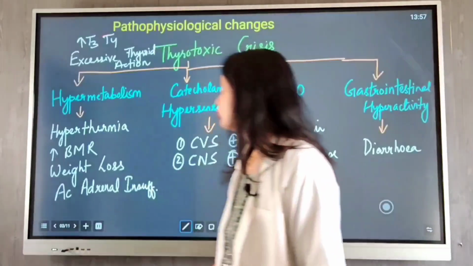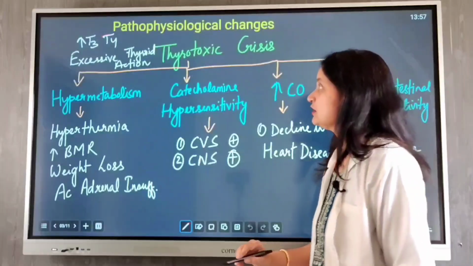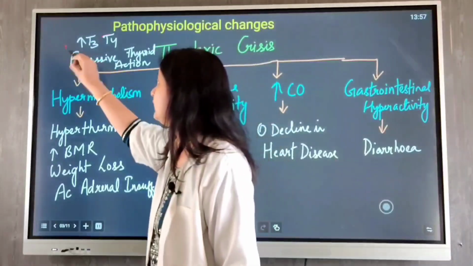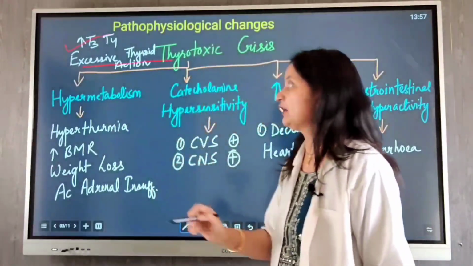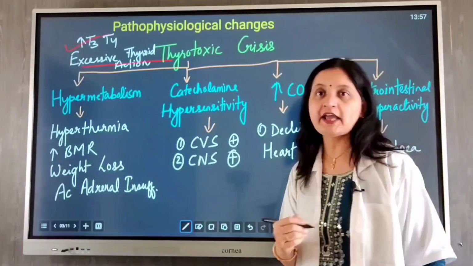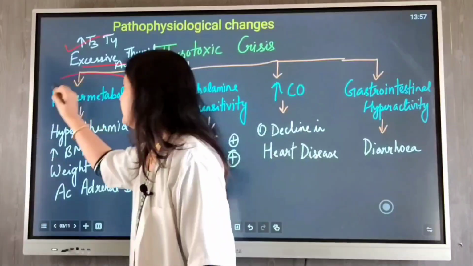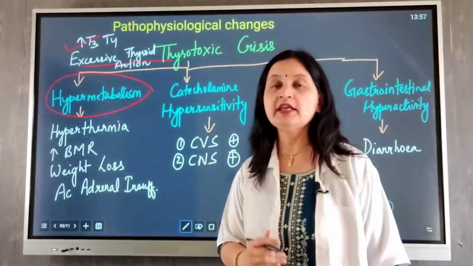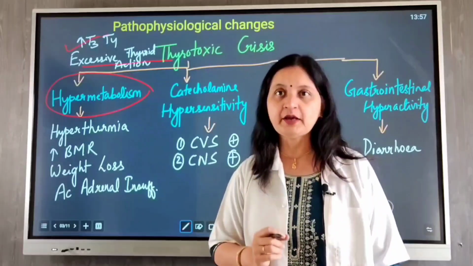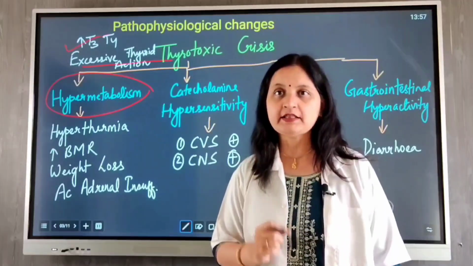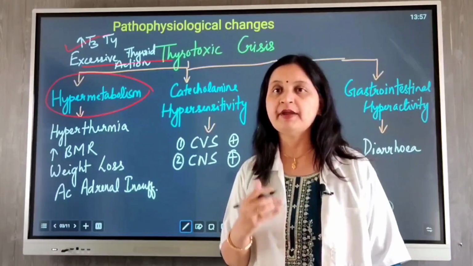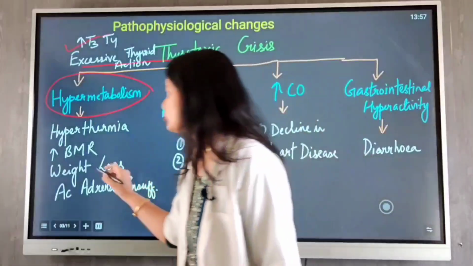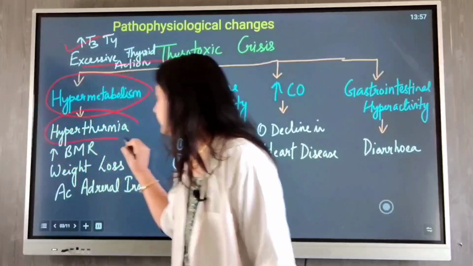The figure here shows the pathophysiological changes, which are characterized by elevated T3 and T4 levels and excessive thyroid action. Because of excessive thyroid action, there is a state of hypermetabolism. There is increased mitochondrial oxidative metabolism and increased ATP consumption, and because of this there is increased production of heat, or hyperthermia.